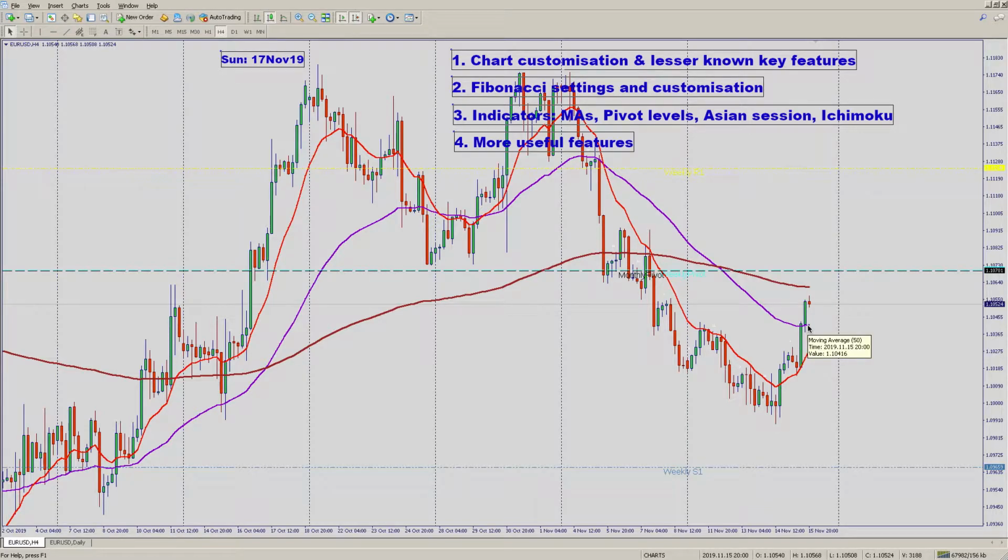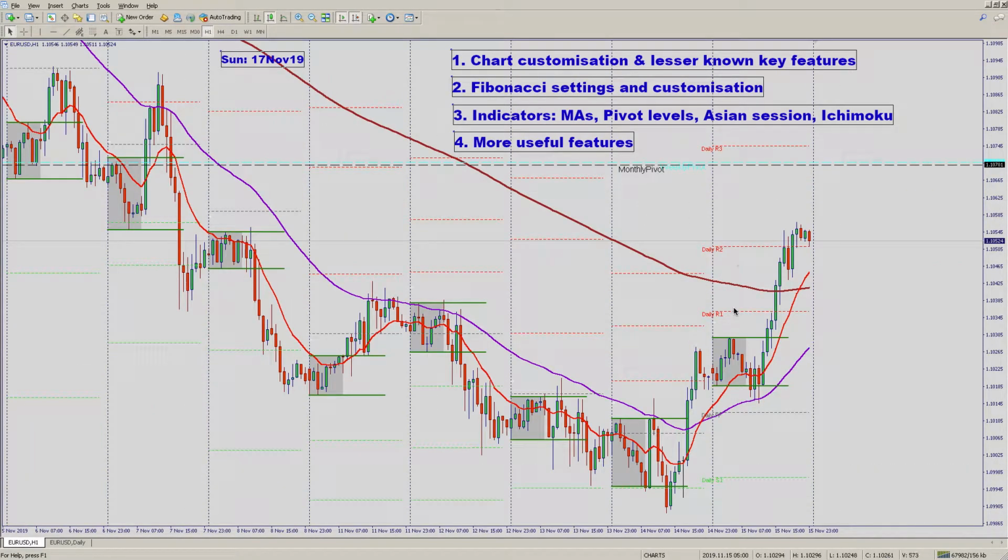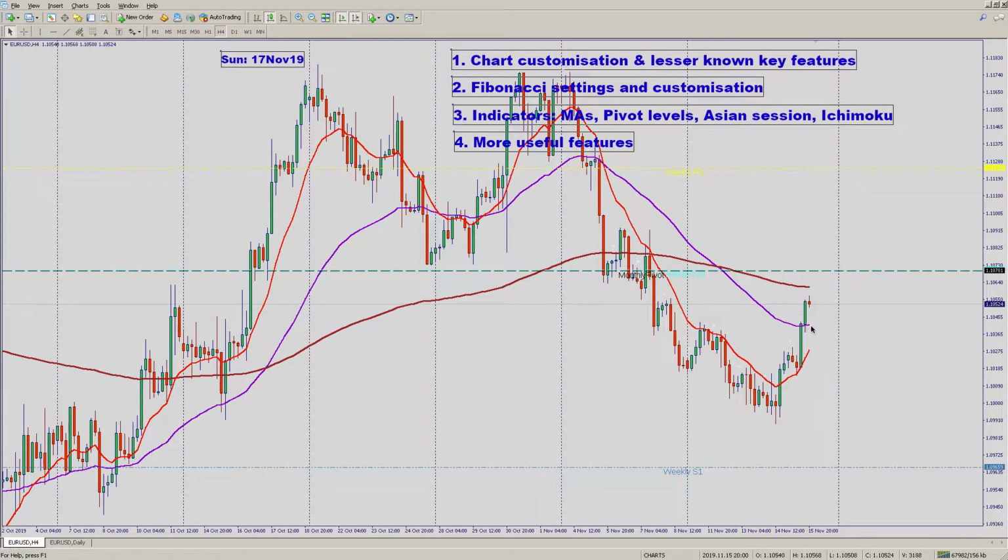So at this level, we can check: 110.416. Go back to the 1 hour time frame. This level is at 110.41, or towards the end, yeah, 41.4. Okay, so that's the correlation between time frames and moving averages that you can apply.